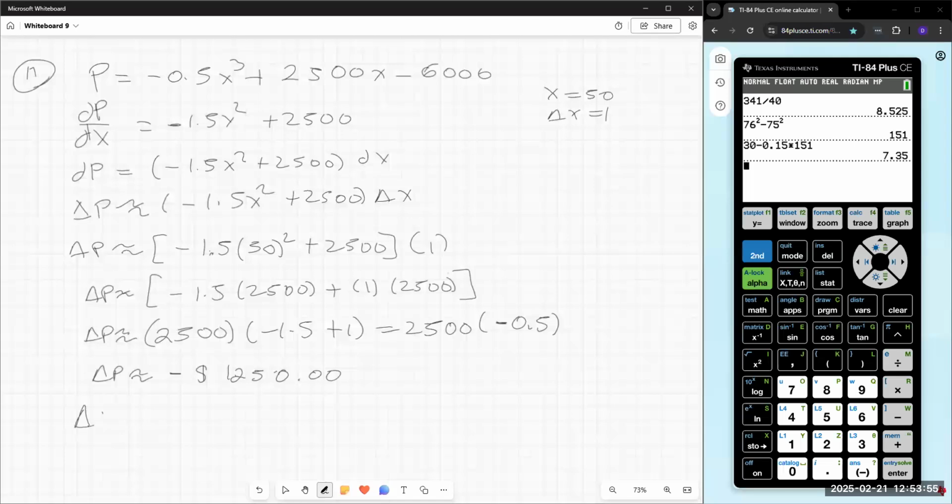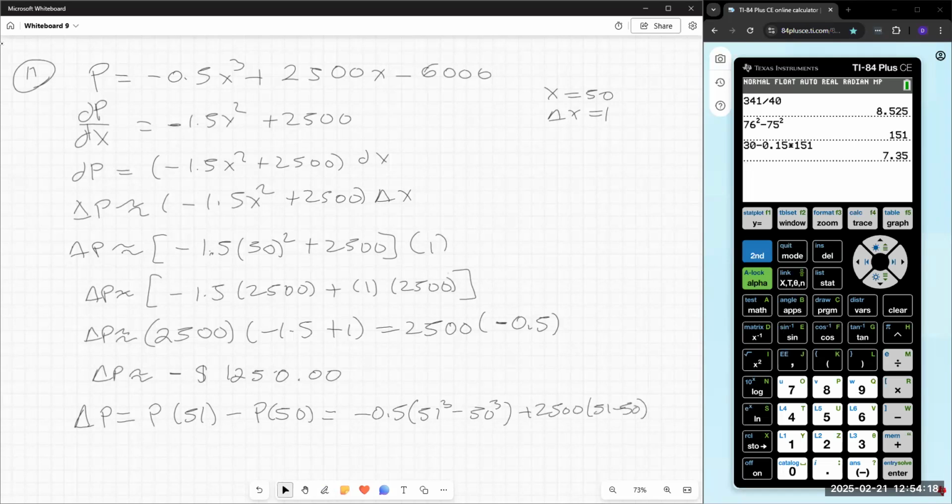Delta P is exactly equal to P of 51 minus P of 50, which will be negative 0.5 times (51 cubed minus 50 cubed) plus 2500 times (51 minus 50).